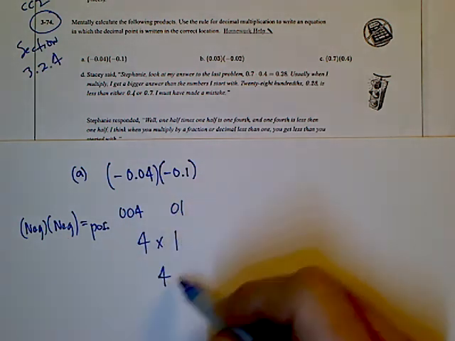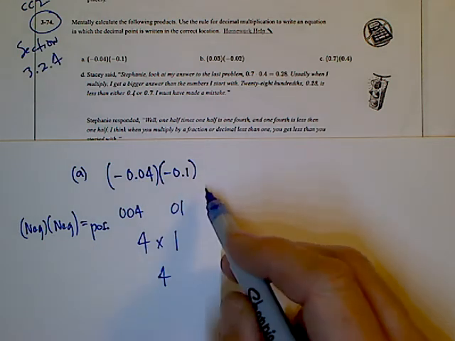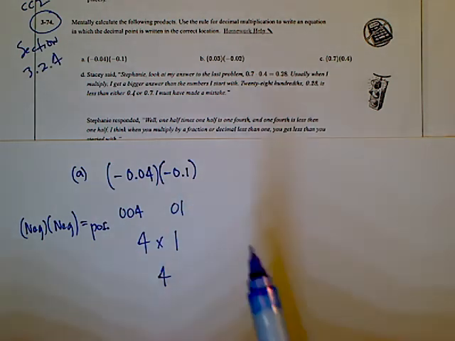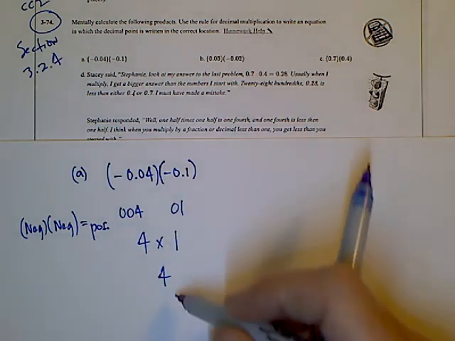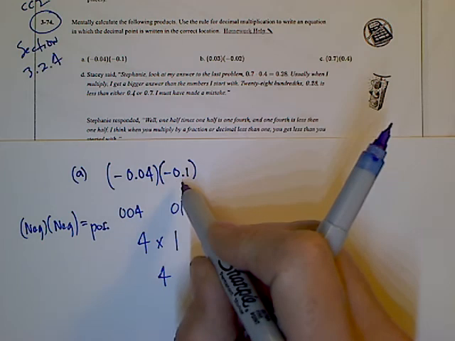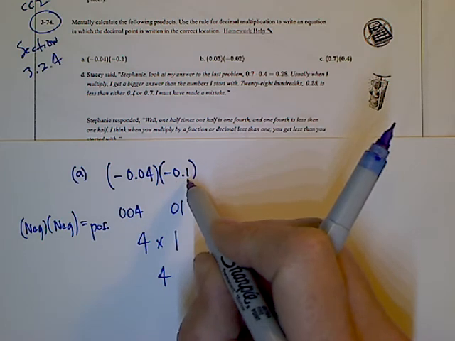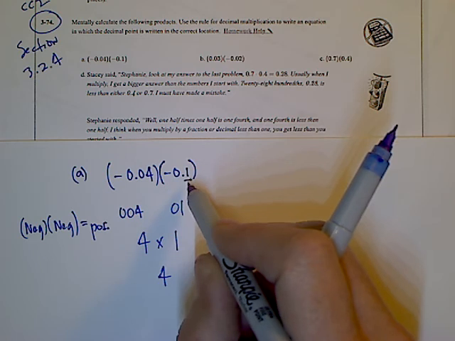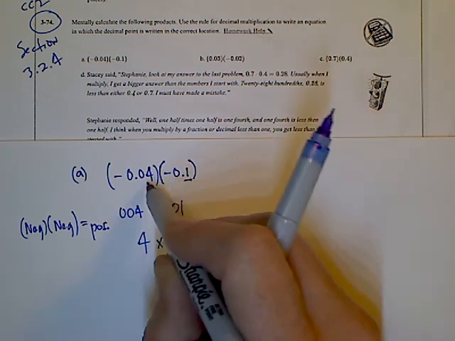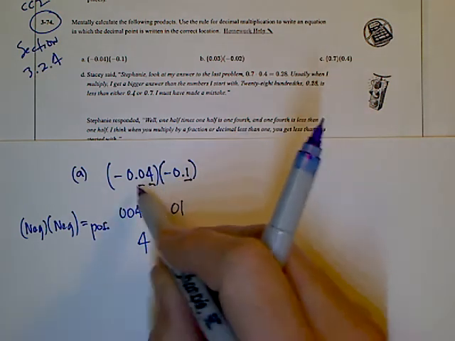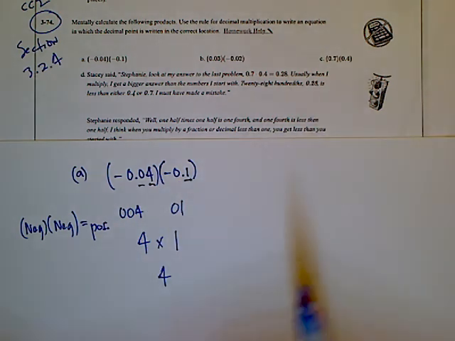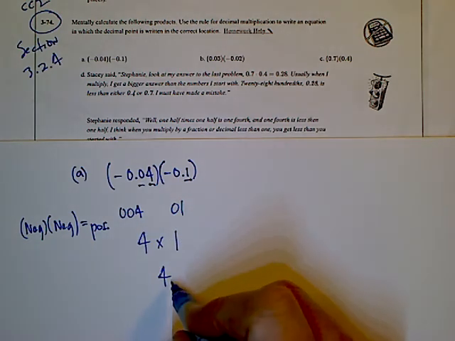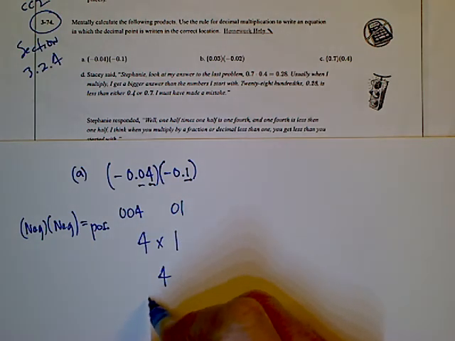Now, let's go back to what I do with this decimal concept. Well, after I've done my multiplying and gotten my integer, I then need to go back and count how many digits there were in the decimal places. I have 1 digit, 2 digits, 3 digits. I have 3 digits in the decimal places, so I need to move my decimal place to the left 3 times.